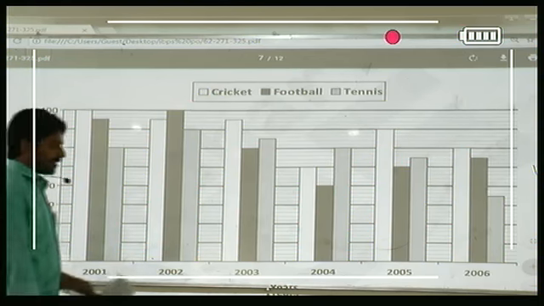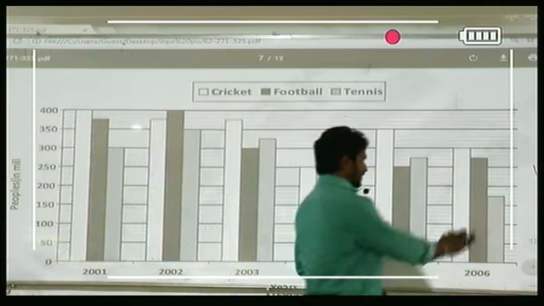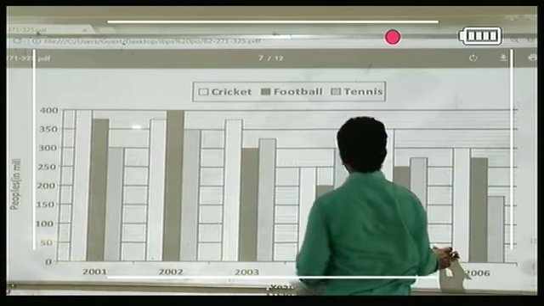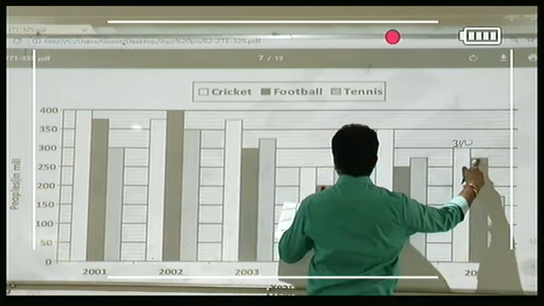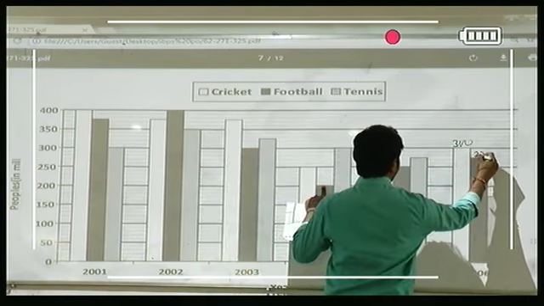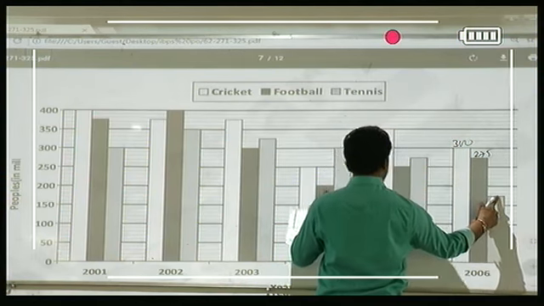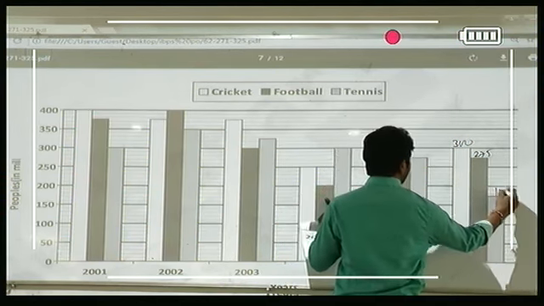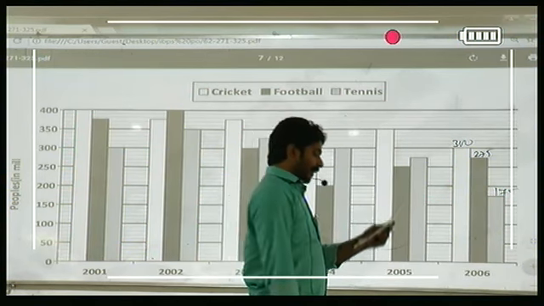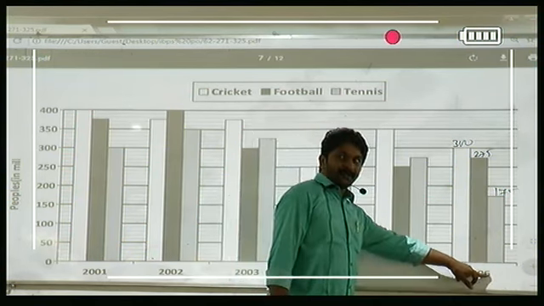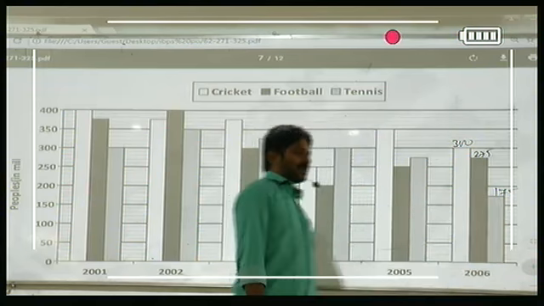In 2006, cricket is 300, this is 275 and then this is 175. Tennis players, right? In 2006, people preferring to play tennis are 175.